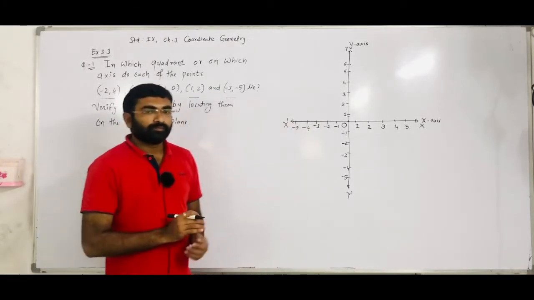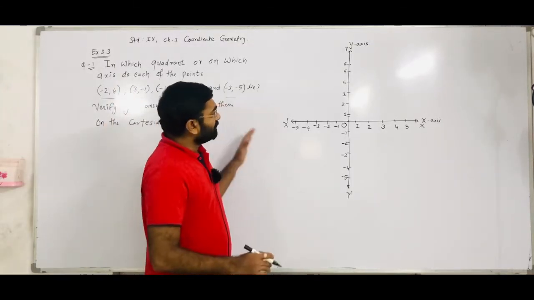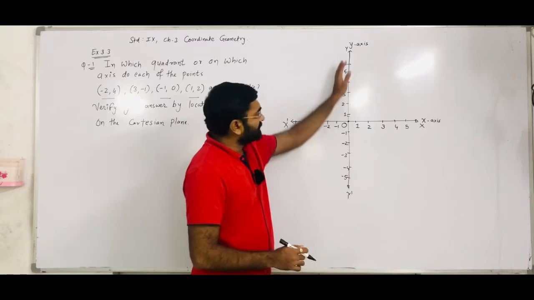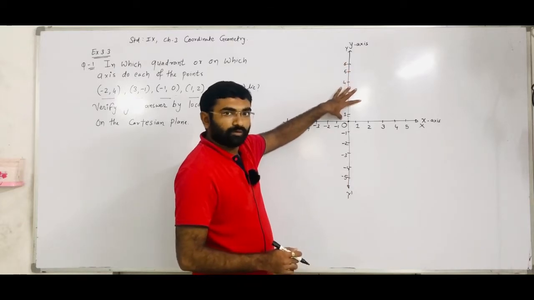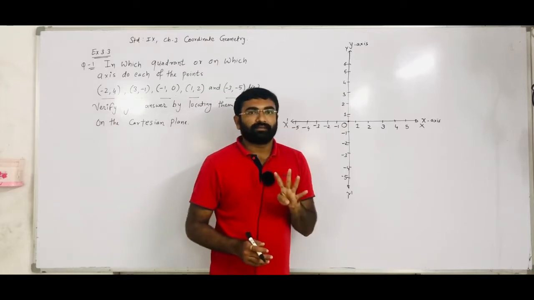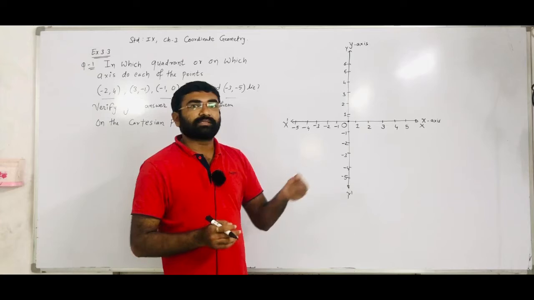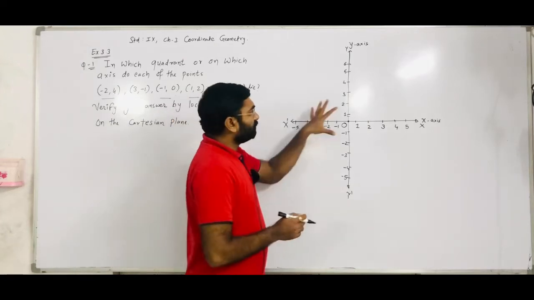In our previous video, we defined that whenever two number lines intersect at the 0, 0 point, the origin, the plane is divided into 4 parts, and each part is called a quadrant.